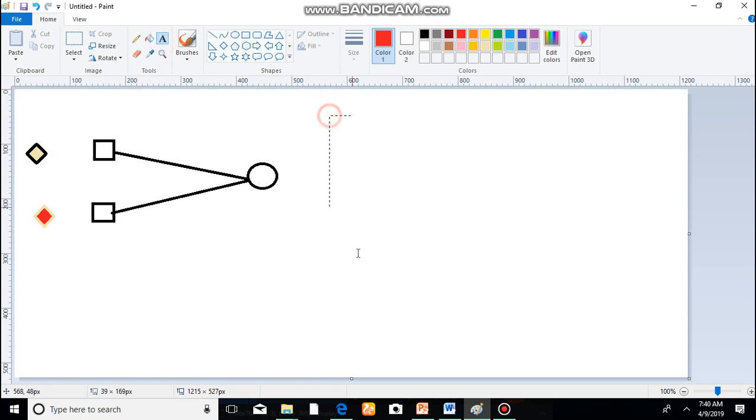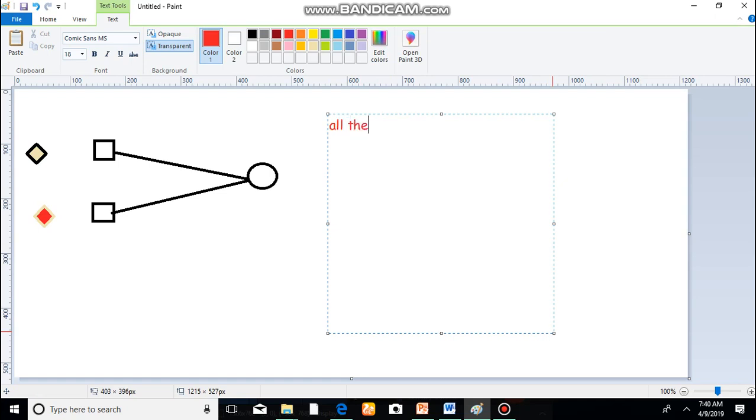But there is a fact that not all the services are provided to all the users, because there will be some restrictions. All the services are not provided to all the clients.